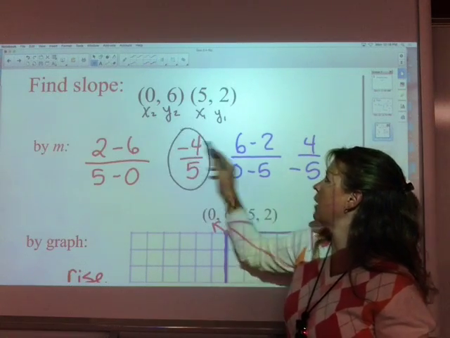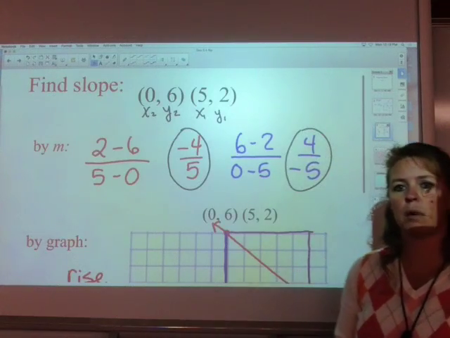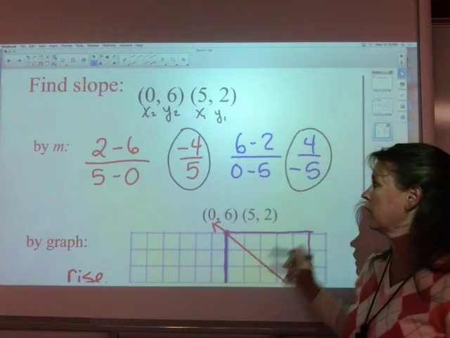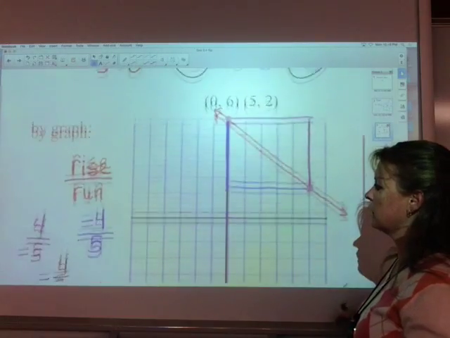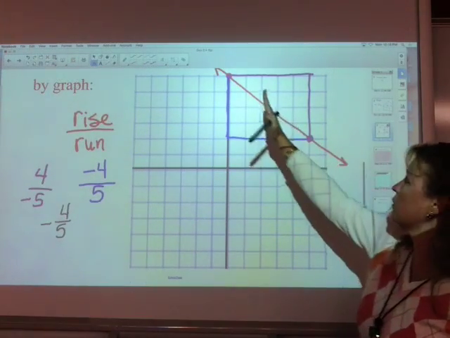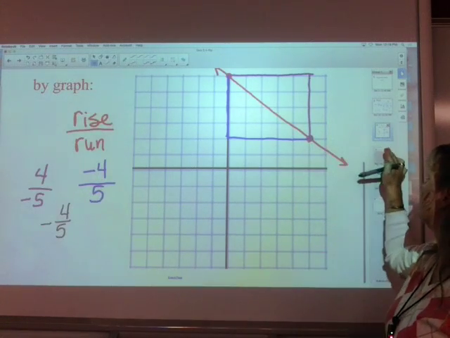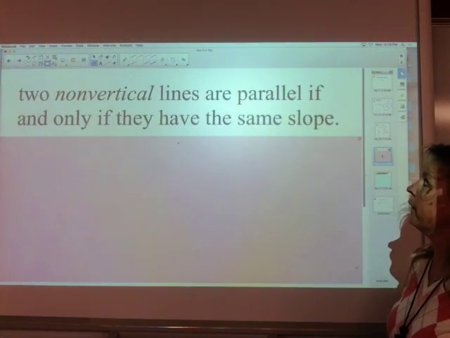Again, you still have a matching slope. So it doesn't matter on which point you start and which point you finish, as long as you stay consistent, you will get the same slope every time. Always double check, downhill, negative. It's a quick check to make sure you did your negatives correctly.